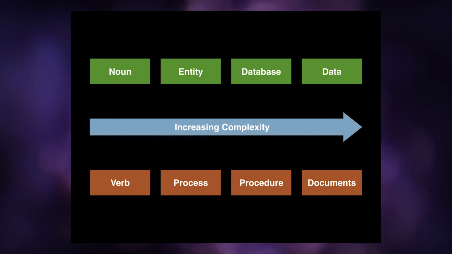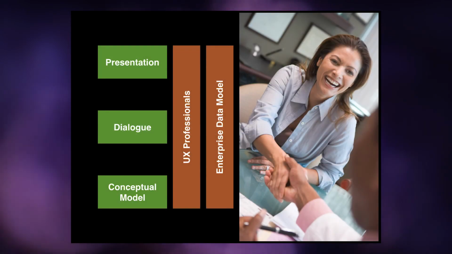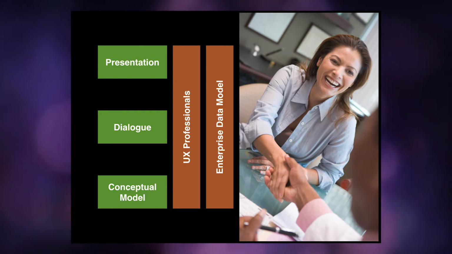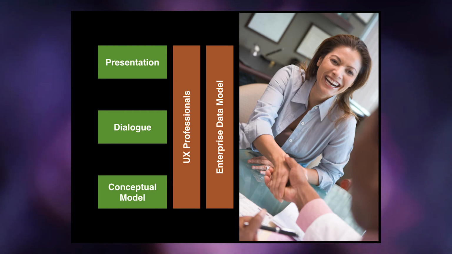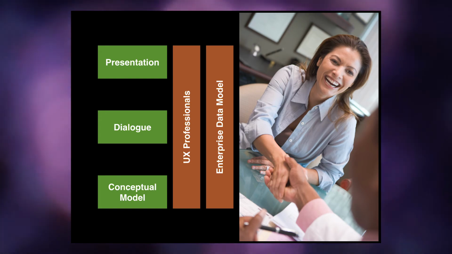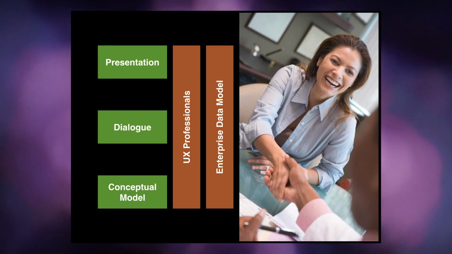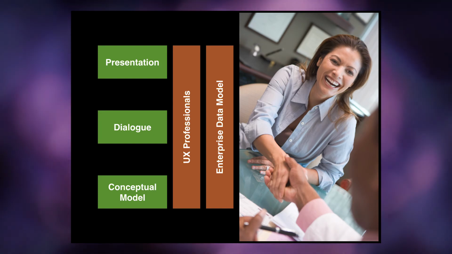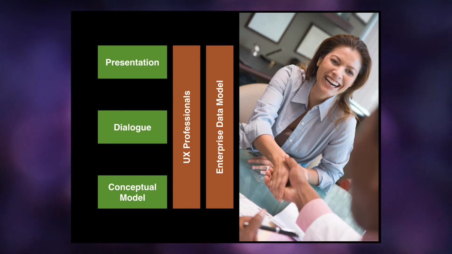So intentionally cut scope back. You're not actually cutting scope back, it's more like you're pruning the plant that's growing and you have to keep it cut back. And the third one is we can use the data model to project much more into a conceptual or presentation of our organization. Even paper forms have data models in them. Right? So any channel can be assisted by an enterprise data model.